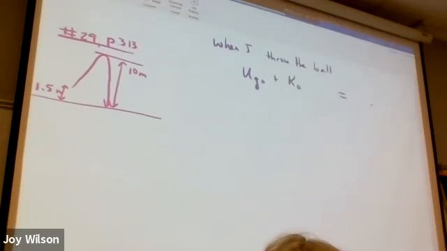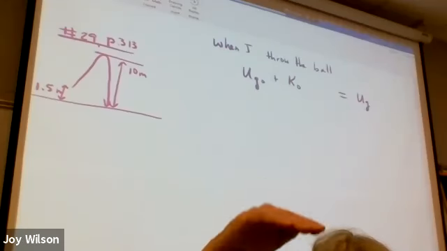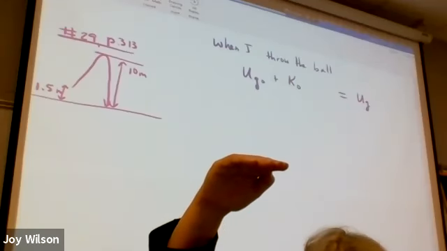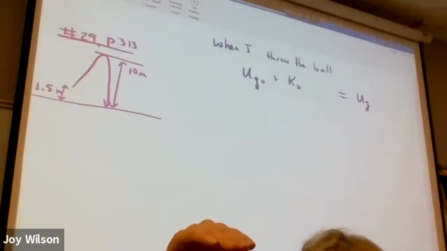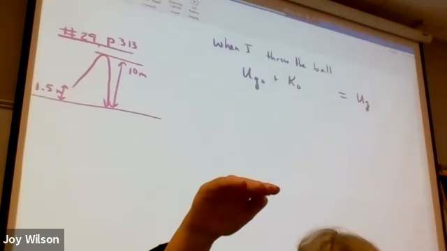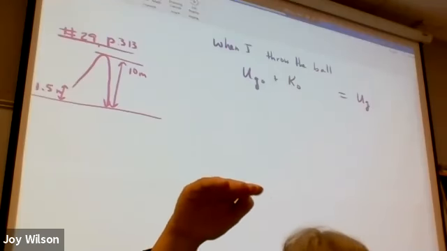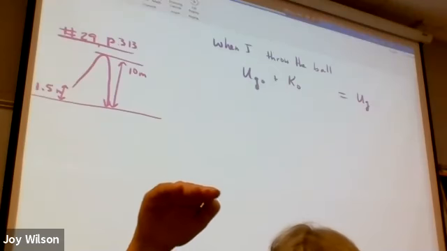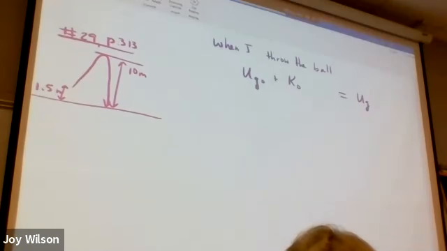And then what am I going to have when it gets to the ceiling? Only potential. Because as it goes up, it slows down, stops, and then starts to accelerate back down. At the moment it reaches the ceiling, the minimum amount of energy means I just barely had enough energy to get to the ceiling. So I changed all my energy into total potential energy. There's no kinetic because I stopped moving.